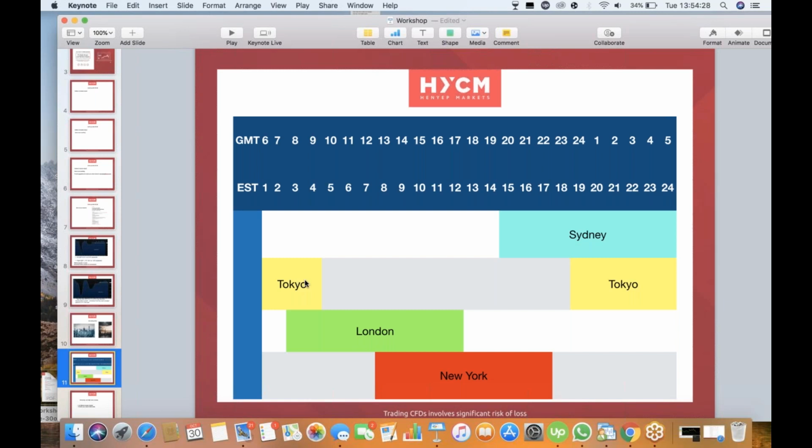That for me is my overnight session. When I wake up at 6, 7 GMT in London, I'm coming to my desk just after the Asian session, and I'm reading what's happened in the Asian session. The London session runs from 8 a.m. GMT to 5 p.m. GMT. Now, you'll see here that the New York session starts halfway through the London session.